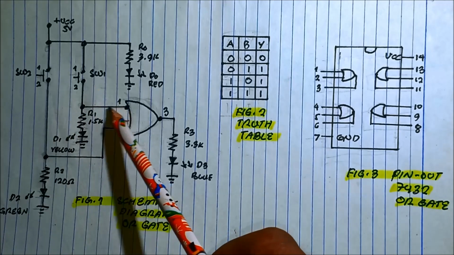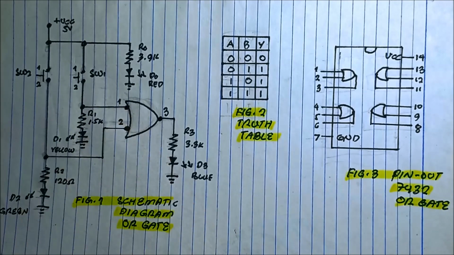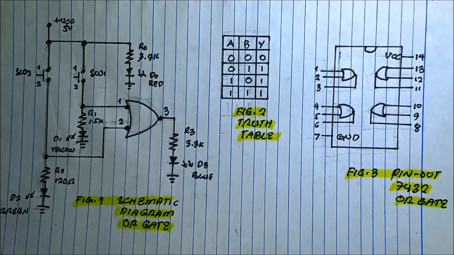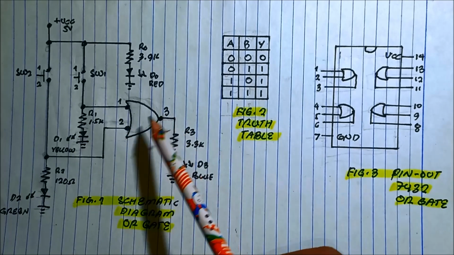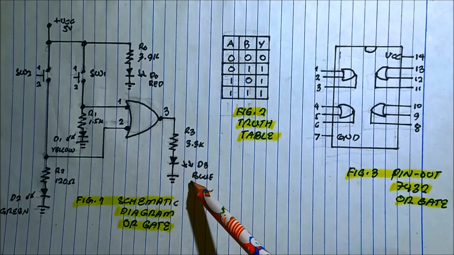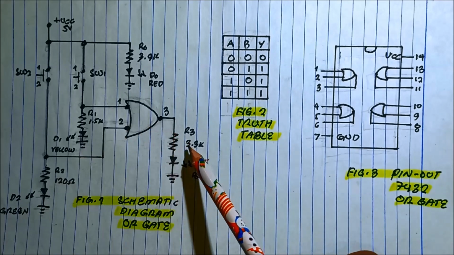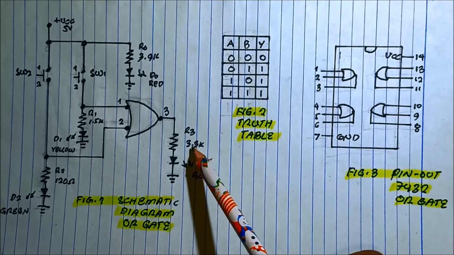And the result of the two inputs can be verified using a truth table. Into the output of the OR gate, we have this output LED blue with a current limiting resistor of 3.3K.